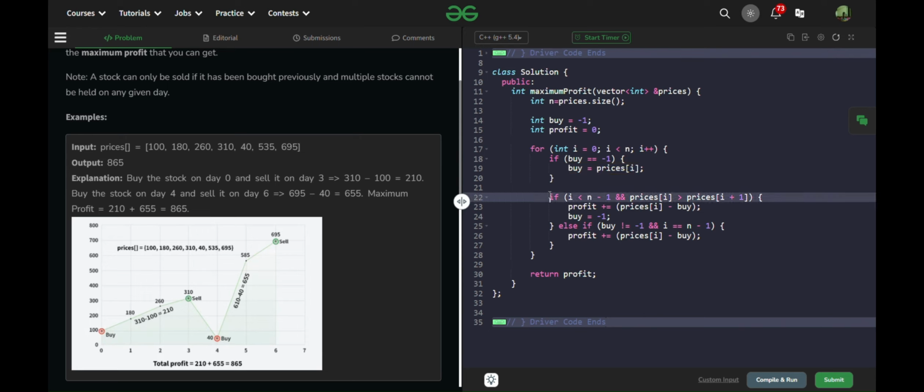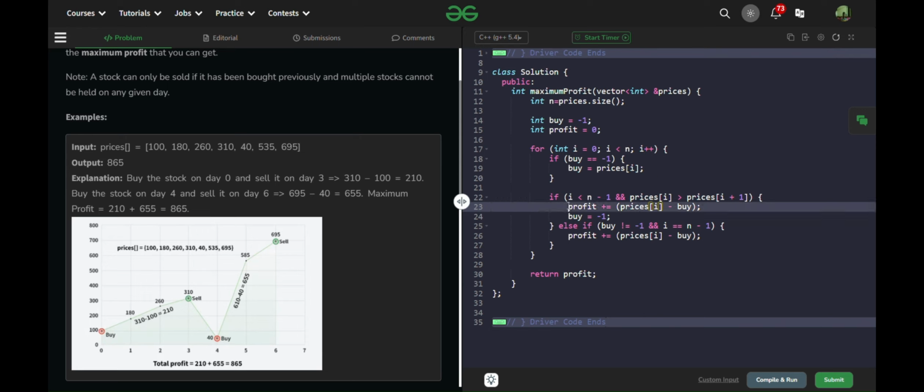And in that iteration we are checking that price of i is greater than price of i plus 1, that is the next element is a smaller element. And we are checking i is less than n minus 1, because if i equals n minus 1, then the access of i plus 1 will be n, so it will be array out of index. So we are checking this first and then this.